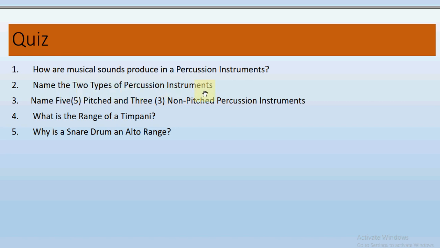Number three: name 5 pitched and 3 non-pitched percussion instruments. Number four: what is the range of a timpani? And number five: why is a snare drum in the alto range?